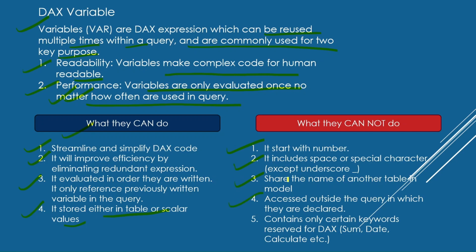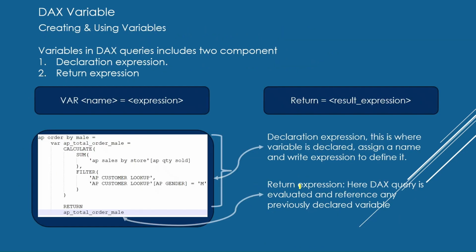It cannot be accessed outside the query in which it is declared. It does not contain keywords reserved for DAX, such as SUM, DATE, CALCULATE, etc. These kinds of keywords cannot be used in the name of the variable.